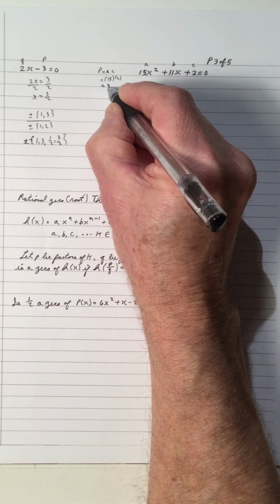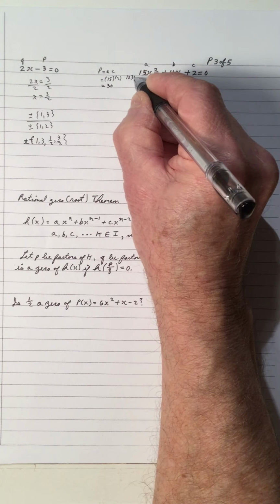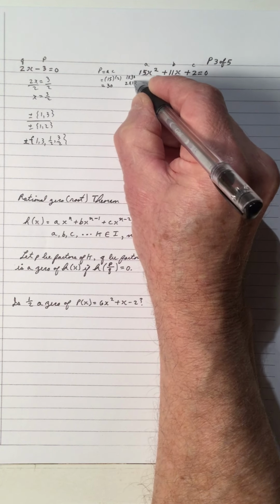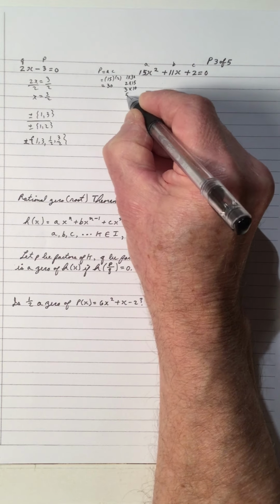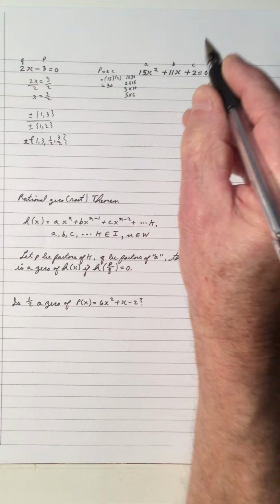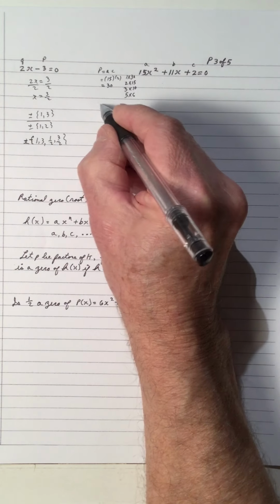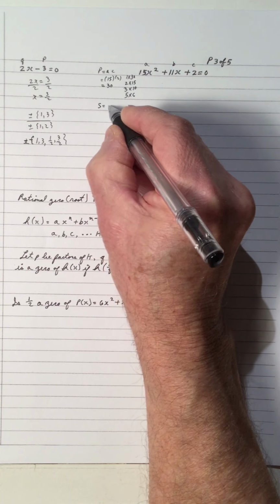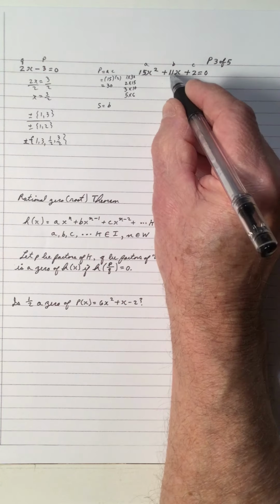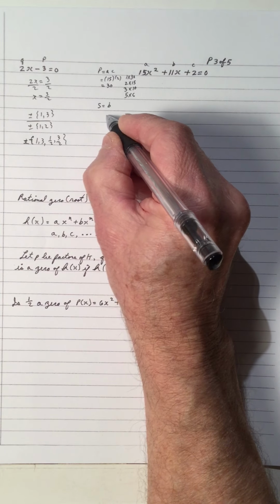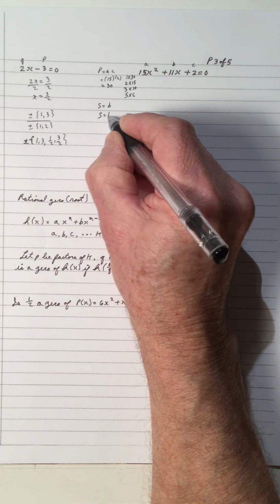So the product is 30, so it's 1 times 30, 2 times 15, 3 times 10, and 5 times 6. The product is A times C, and the sum is the B. So B is 11. So the sum is 11.